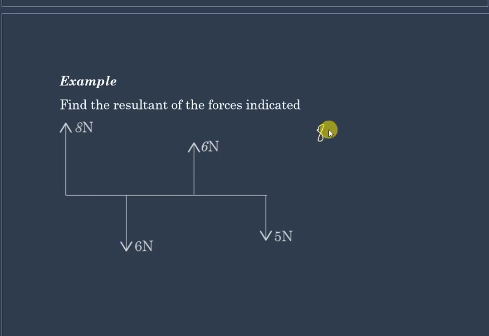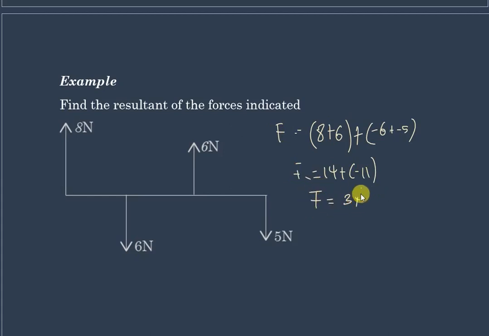So we have 8 plus 6, that is for the upwards, plus negative 6 plus negative 5. So we have this one as 14 plus negative 11, and we have this as F. We finally have that F is equal to 3 newtons.